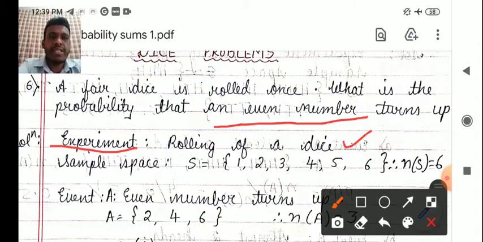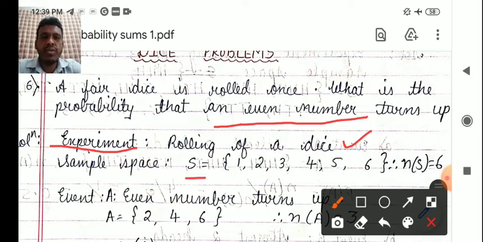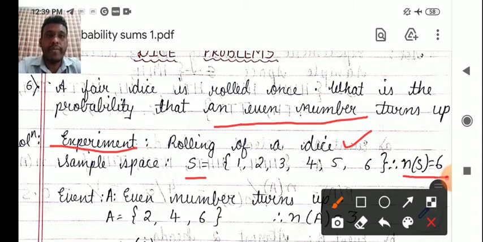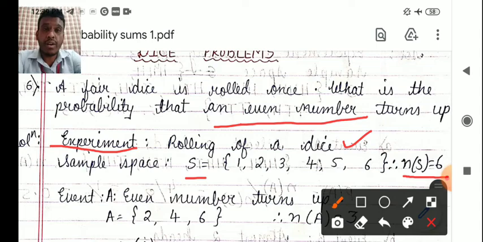Then the sample space is 1, 2, 3, 4, 5, 6. S is equal to {1, 2, 3, 4, 5, 6}. So what is n of S? Whenever we roll one dice, we get this sample space only. Is there any other possibility? Suppose the dice is rolled once, what are the possible outcomes?